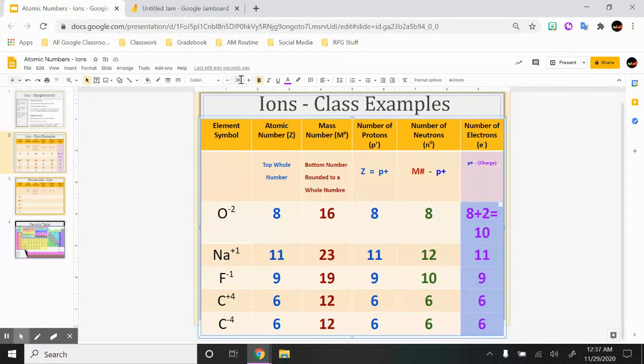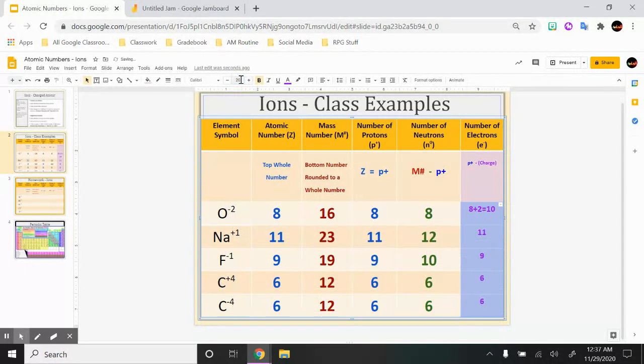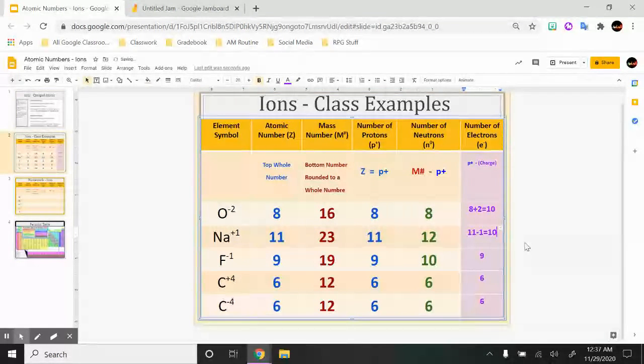Okay? Now here I have a positive 1 charge. So I've lost 1 electron. So I'm going to subtract 1 over here, and I happen to get 10 again. We're going to see a little pattern starting up here. Okay, now I have negative 1. So that means I gained 1 electron. So I'm going to add 1 over here to my number of electrons.